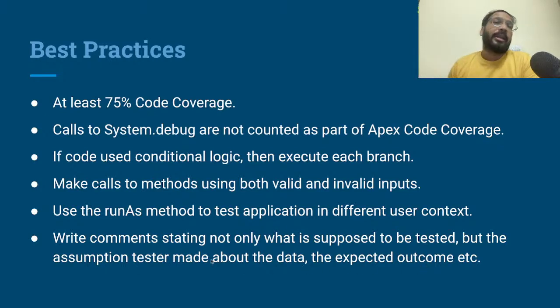In your test class there should be lots of comments, because whatever you are assuming, another developer doesn't know. Write proper comments so that other developers understand what you want to explain and what you assumed. Your assumptions should be available in the form of comments.